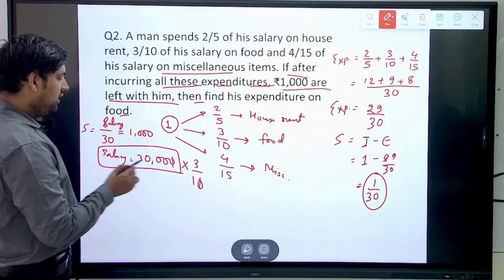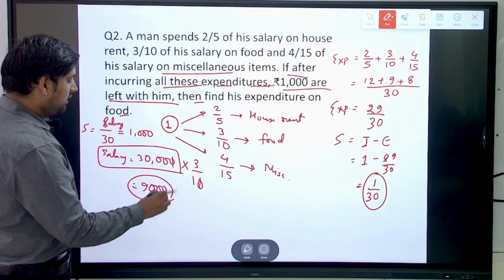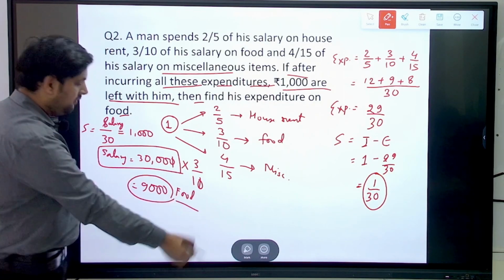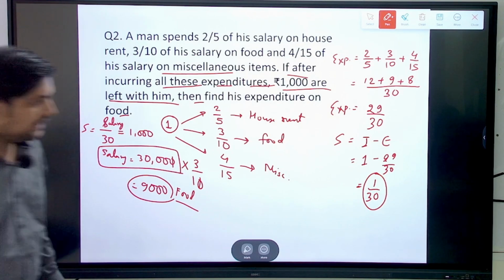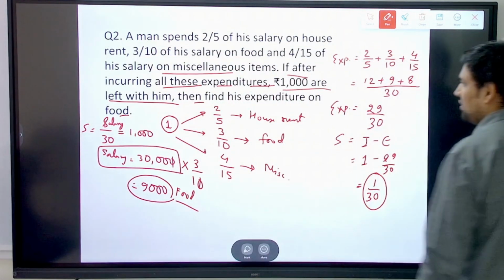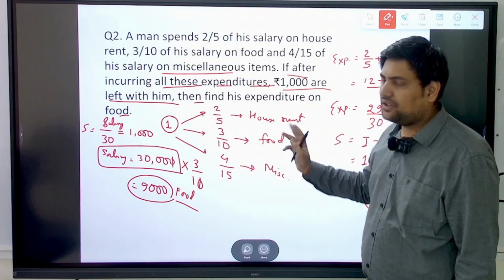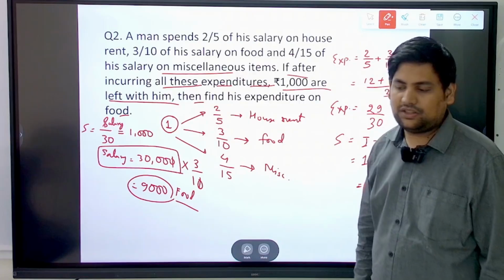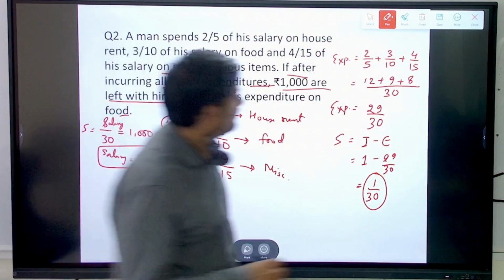This becomes 3000 into 3, that is 9000 will be the expenditure on food. That's it. Simple? Yes. So this becomes your answer. You just had to find all these expenditures, subtract them from the income, and you get the savings. That's it. Then let's do one more.